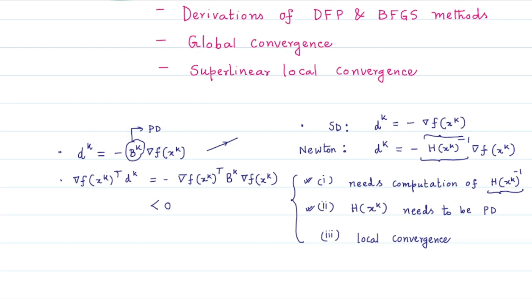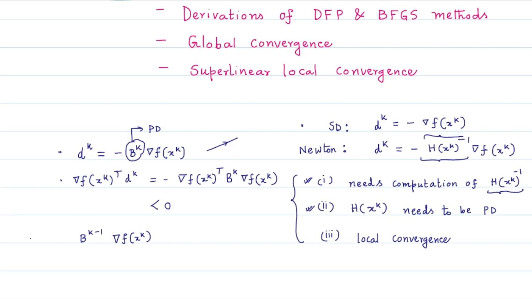And in constructing an approximation Bk to the inverse of the Hessian at the current iterate xk, we do not actually compute or approximate second order partial derivatives, but use the previous approximation Bk minus 1 and the current gradient information.